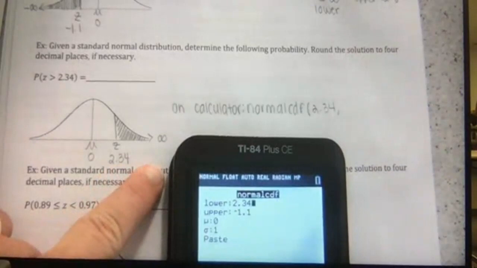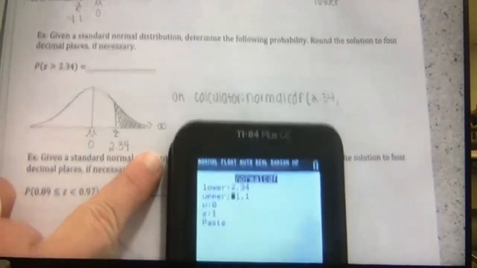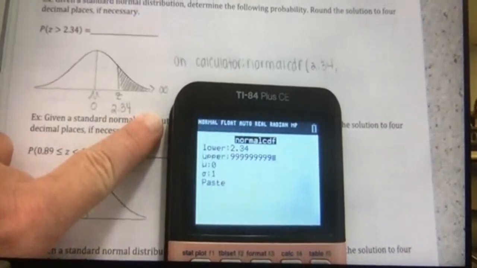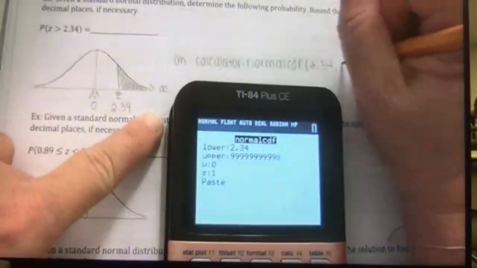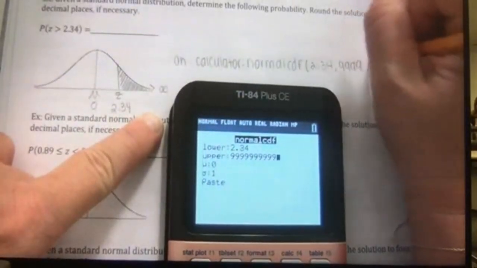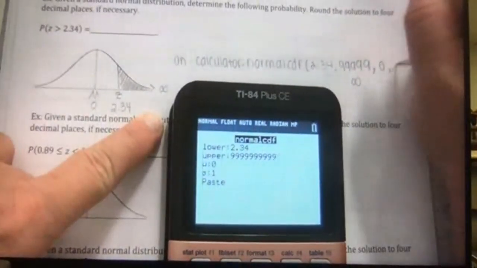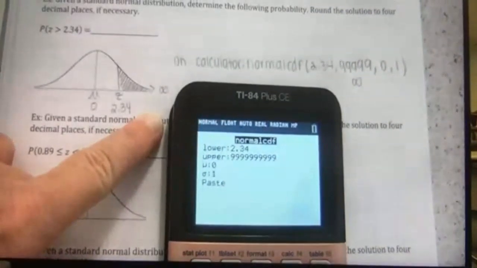Our upper limit is going on forever towards positive infinity. I can't plug positive infinity into my calculator, so I'm going to plug in a really, really big number, 99999, just a handful of nines, to represent positive infinity. Our mean is 0, and our standard deviation is still 1.